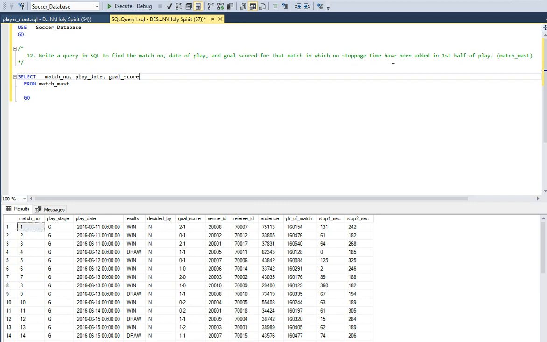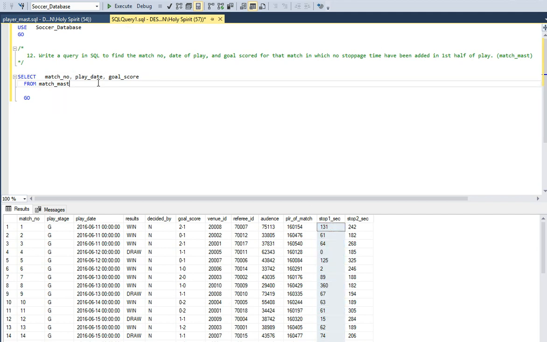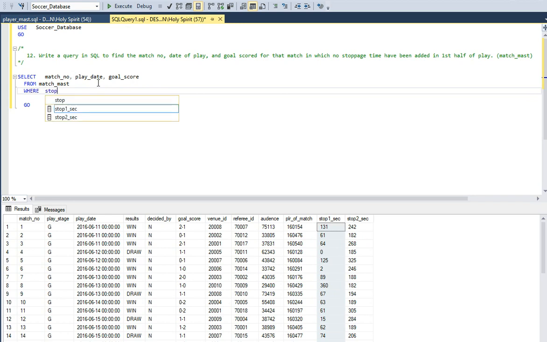And no stoppage time have been added in the first half of play. So stop 1 sec, this one has to be 0. So this one, it has to be 0. Stop 1 second, where is equals to 0.